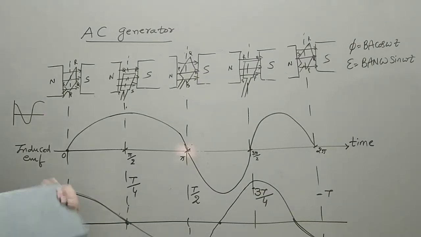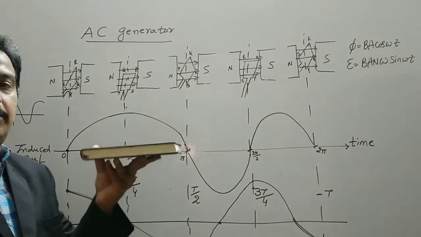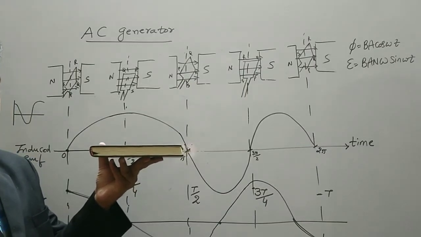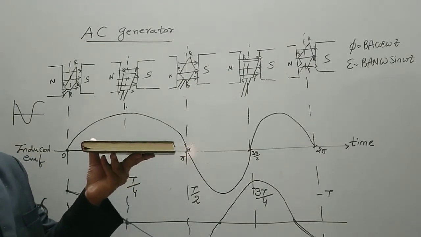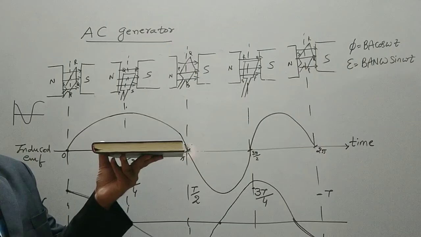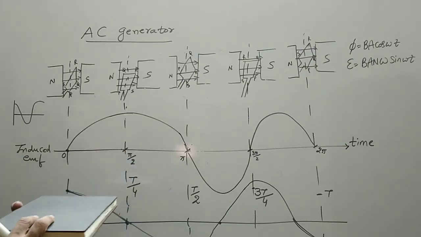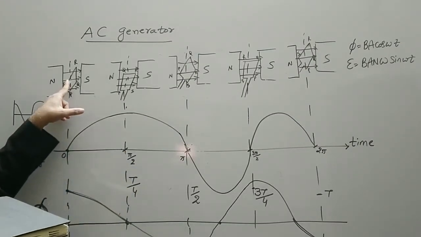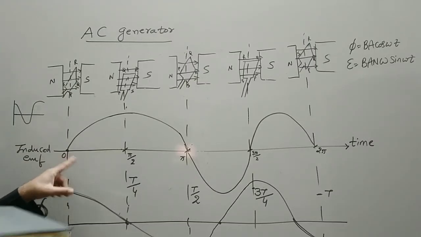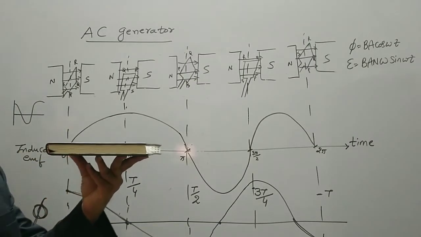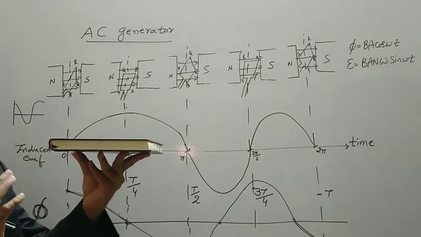So you can start this coil anywhere. If I keep a coil like this, then I will say the flux is minimum. Here we started with flux maximum, so the EMF induced was 0. If I keep it like this, the flux is minimum.